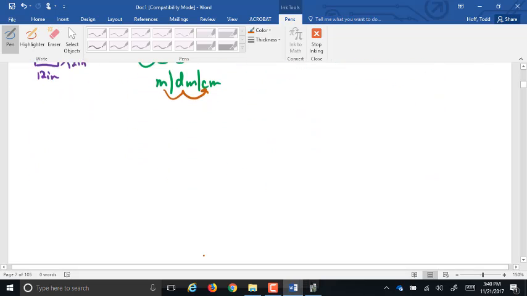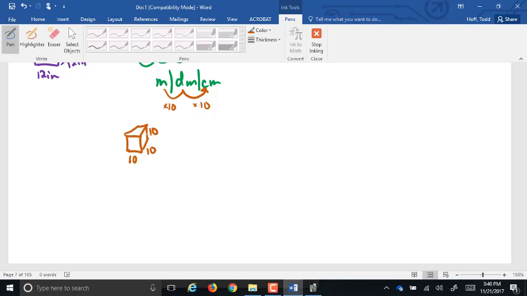Well, remember each spot on the chart is multiplying or dividing by 10. If I'm going to the right, it's multiplying by 10. Since it is cubed, it would be 10 by 10 by 10, which is 1,000.